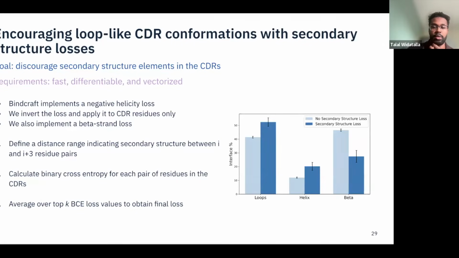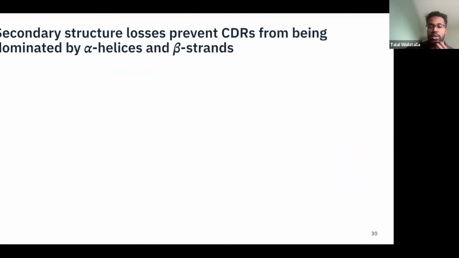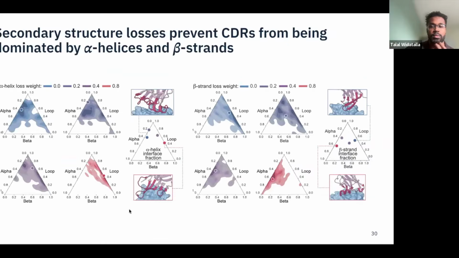And you can see on the right, in practice computationally, using these losses will increase the proportion of loops and decrease the helix and beta sheets. You can see a visualization here with the binder on the top left having a very large helix proportion, and then on the lower left being more loopy. We're able to modulate for reduction of alpha and beta in the CDRs.